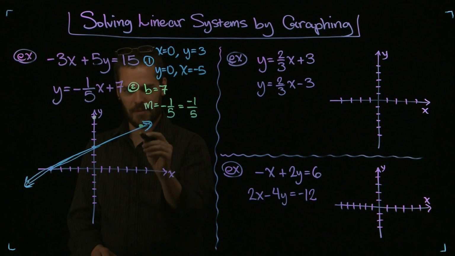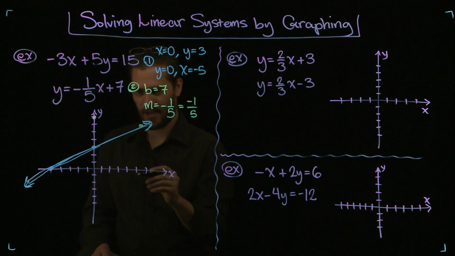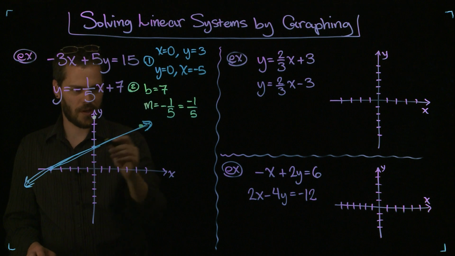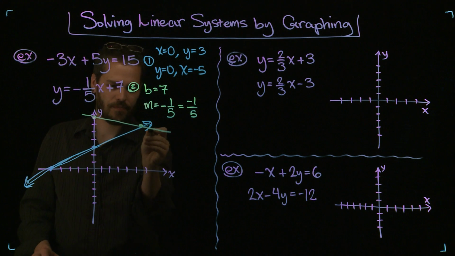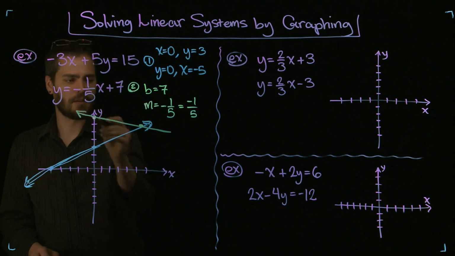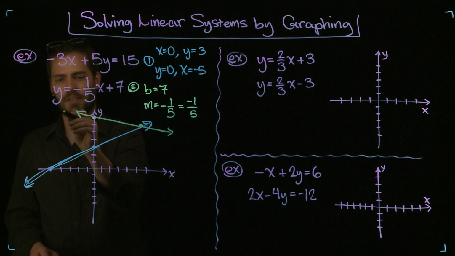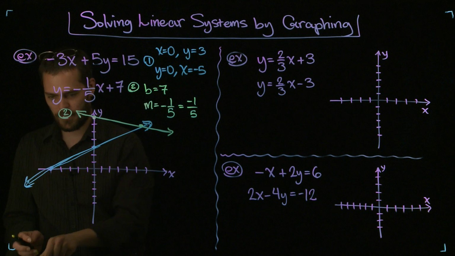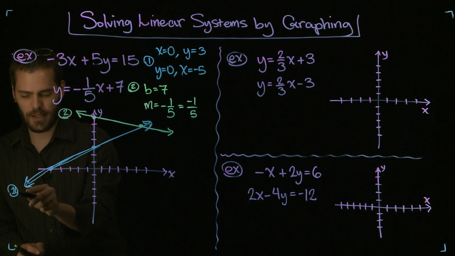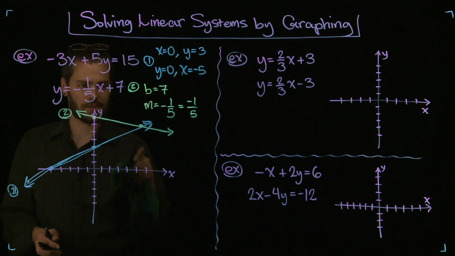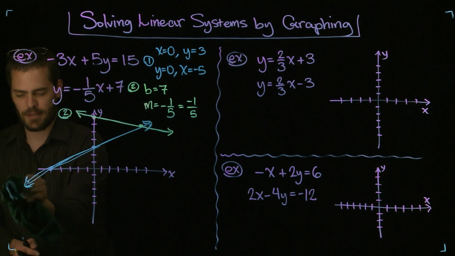Okay, and that blue line, since that's so close to the blue line, I suspect that that's where the blue line actually should cross as well as this one. Here's my yellow line, equation number 2. Here's my blue line, equation number 1. And I suspect that the solution is right here.